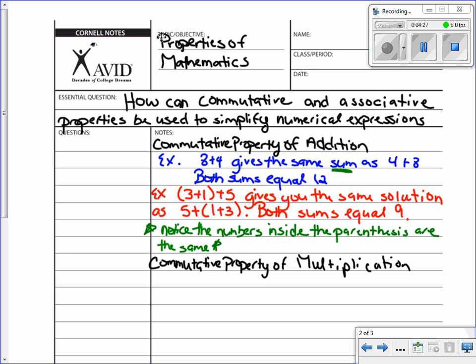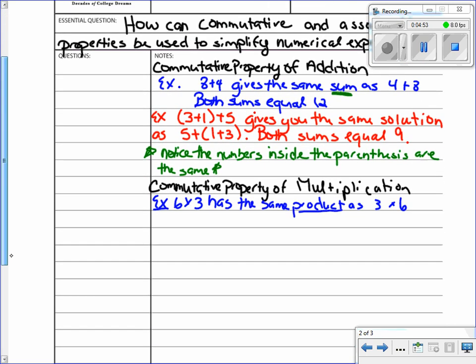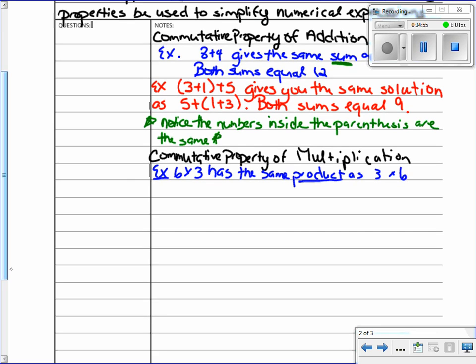An example would be 6 times 3 is the same product as 3 times 6. Notice I use the word product here. Product is the answer to a multiplication problem. Both of these products are equal to 18.